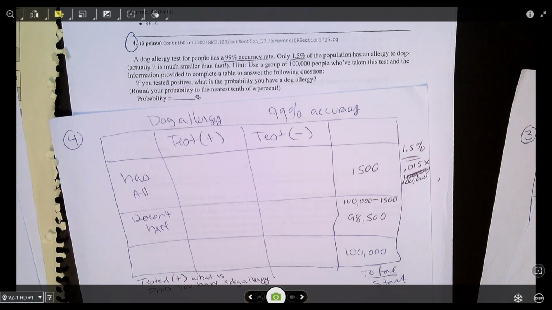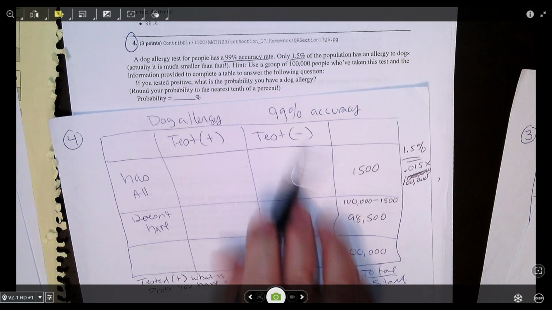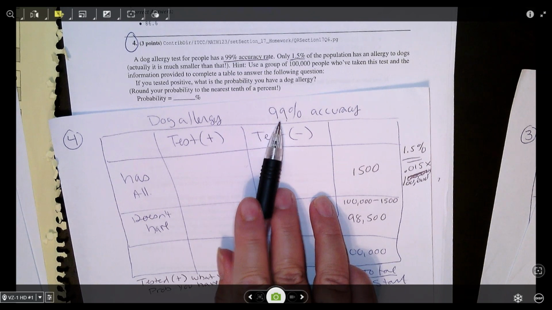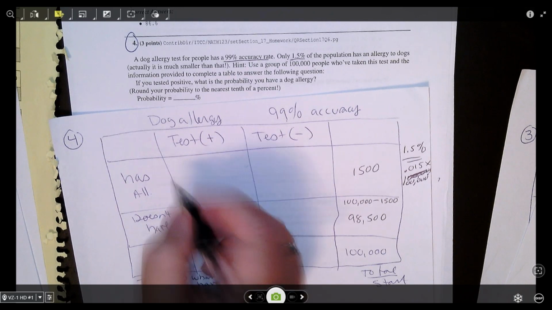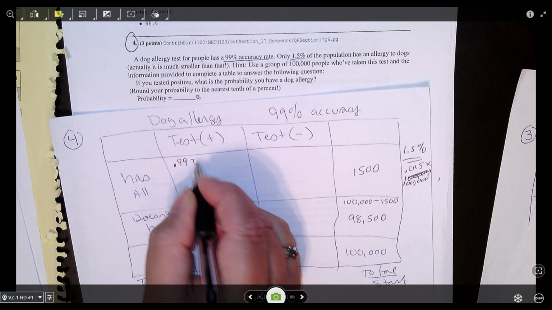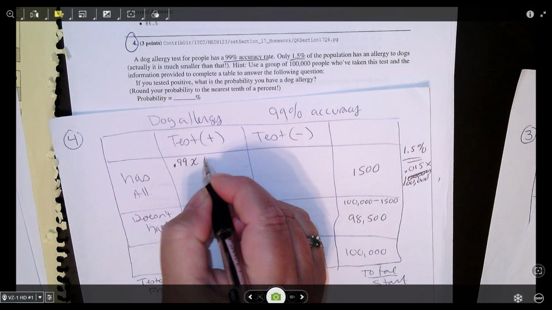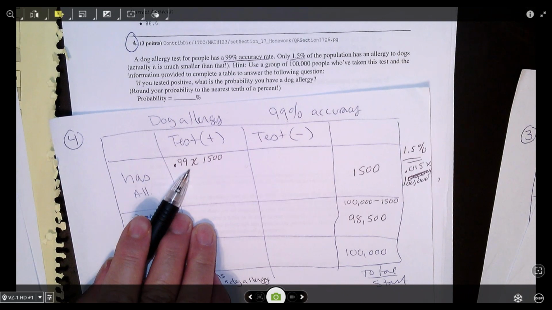Okay. Now comes the accuracy part. These are people that have it. So for our test to be accurate, if you have it, you should test positive, right? And it's 99%, so make that a decimal, 0.99 times 1,500. Do you understand why we're coming to this cell?